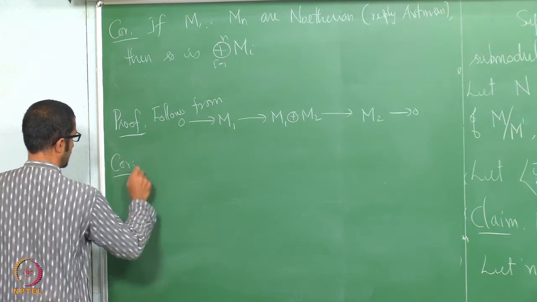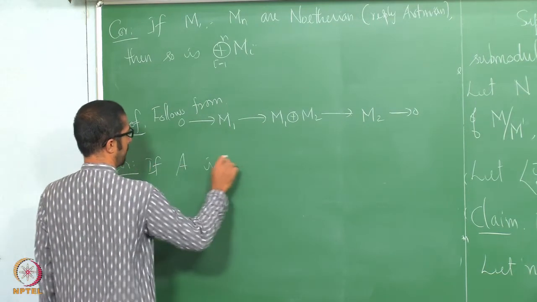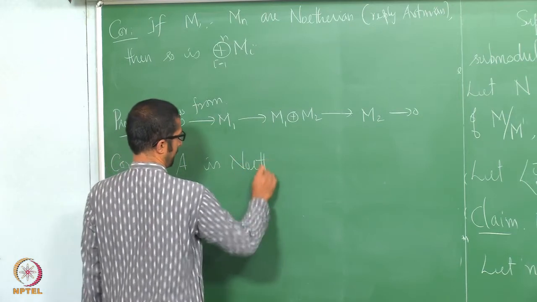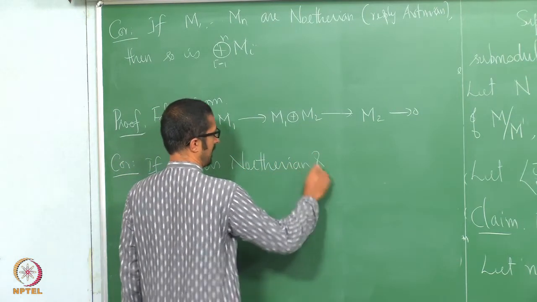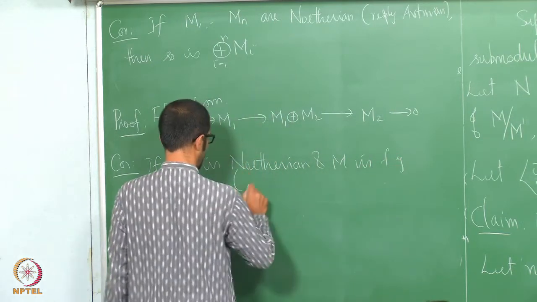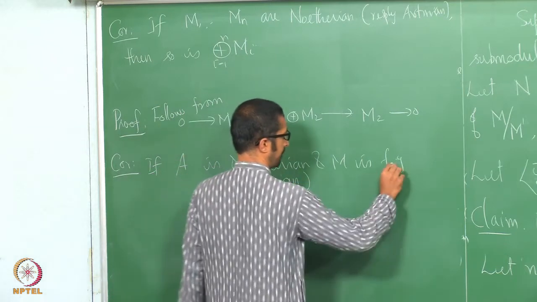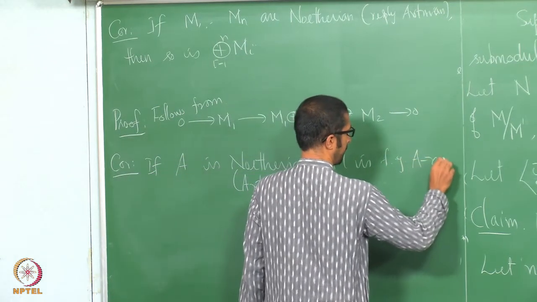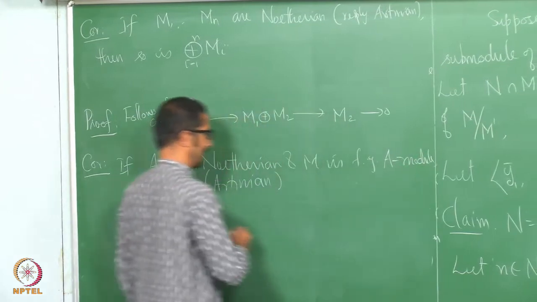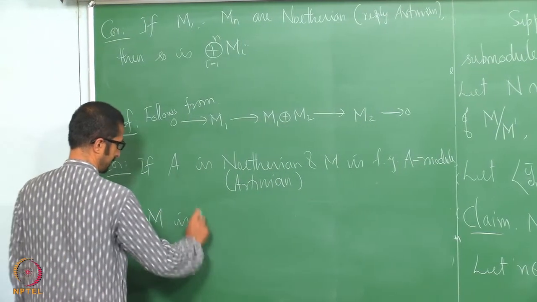so another corollary is if A is Noetherian, respectively Artinian, and M is a finitely generated A module, then M is Noetherian.